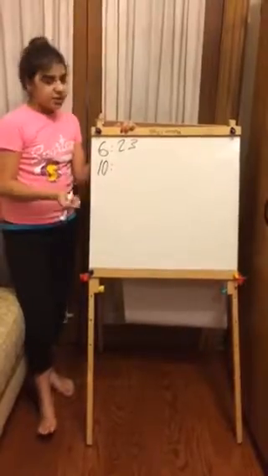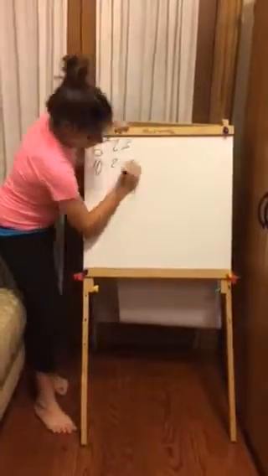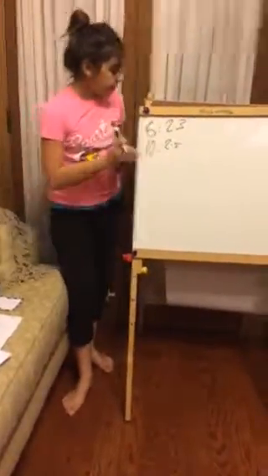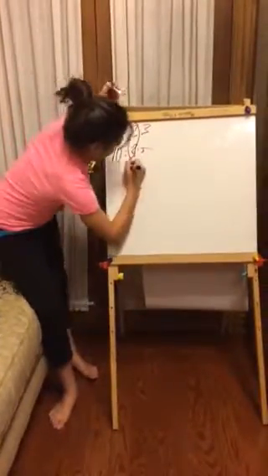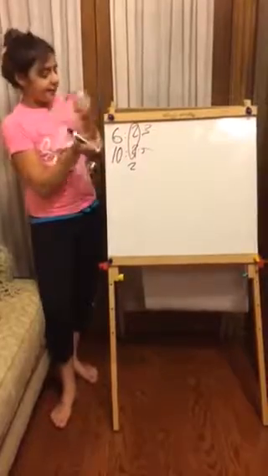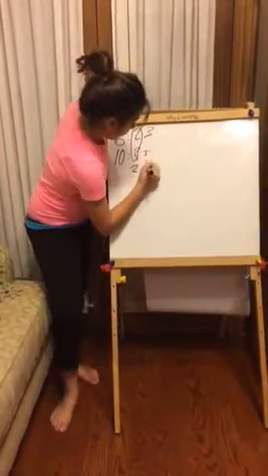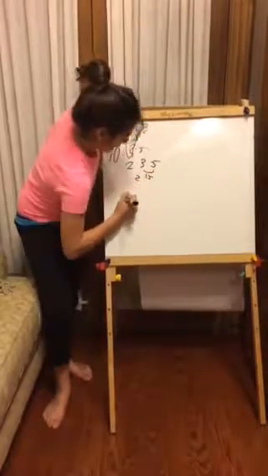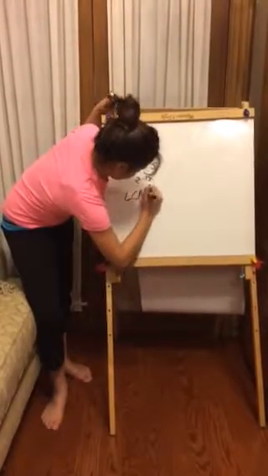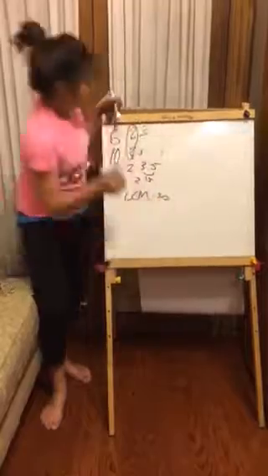And then 10 is 2 by 5. And then you find the ones in common, 2 and 2. So they become 1 again. And then you add 3 and then 5. And then 15 by 2 is 30. So the LCM is 30.